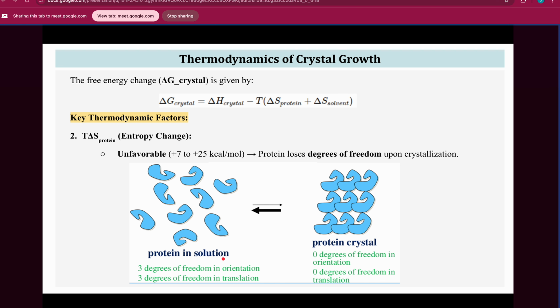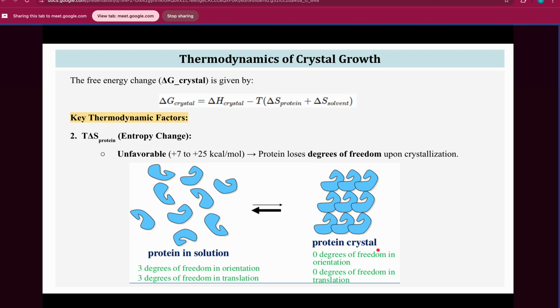When protein is present in solution, each protein unit has gaps in between, so it can freely move. There is no such limitation for its movement. So there are 3 degrees of freedom in orientation as well as 3 degrees of freedom in translation. It is free to move, so the entropy of protein in solution will be higher.